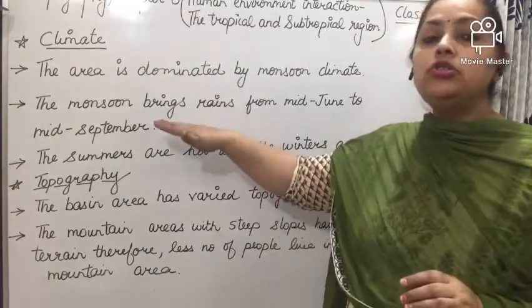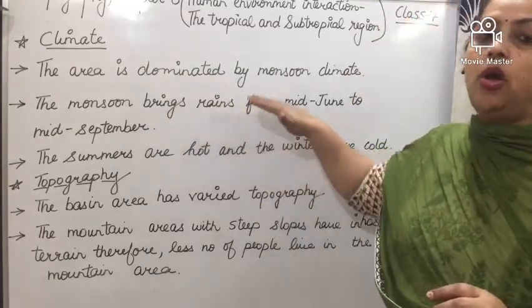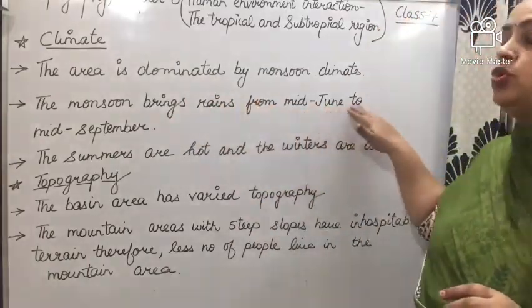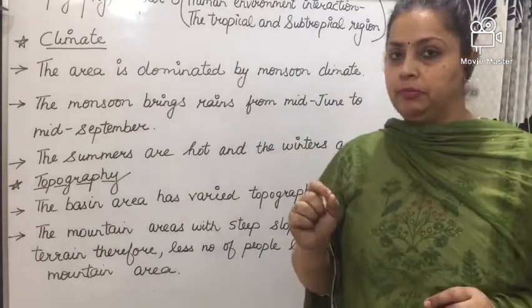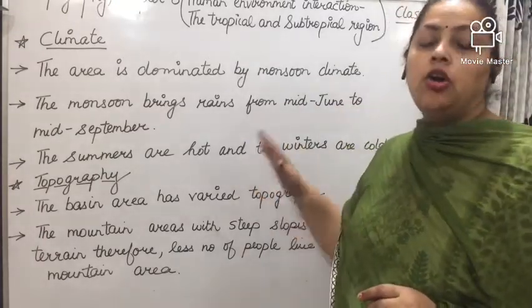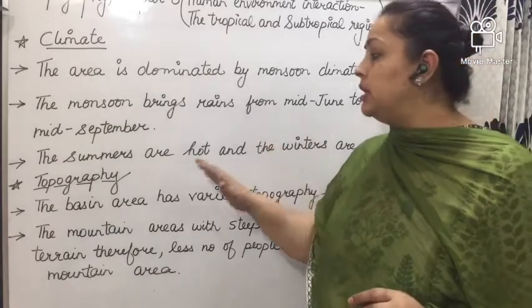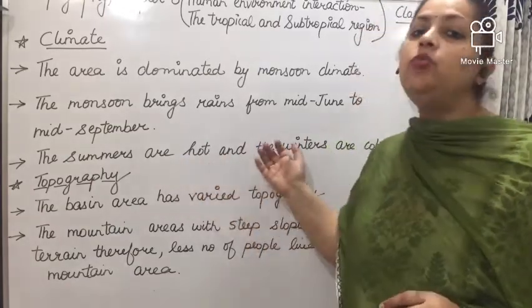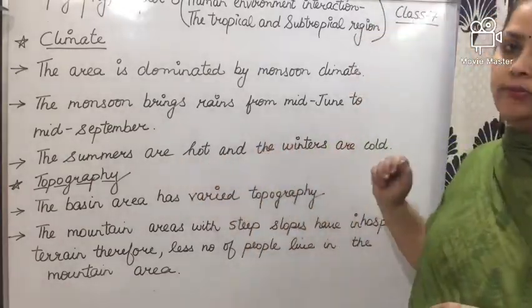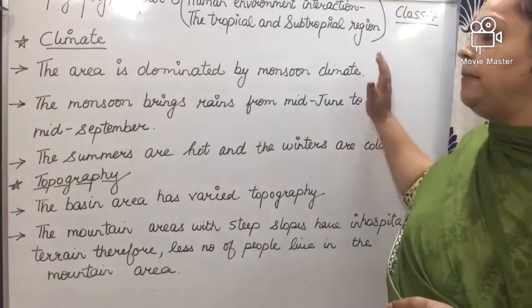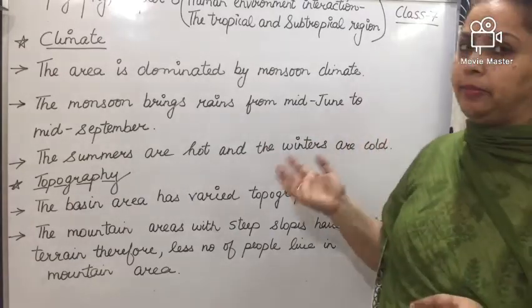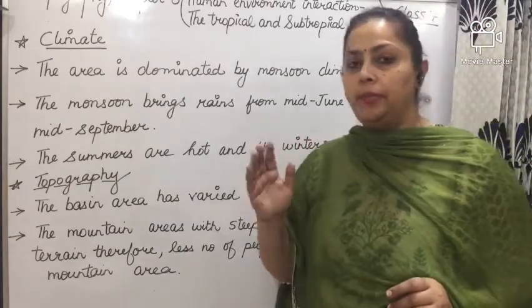The monsoon brings rains from mid-June to mid-September. Over this basin, the summers are hot and winters are cold. So these are the main points regarding the climate of the Ganga Brahmaputra basin.